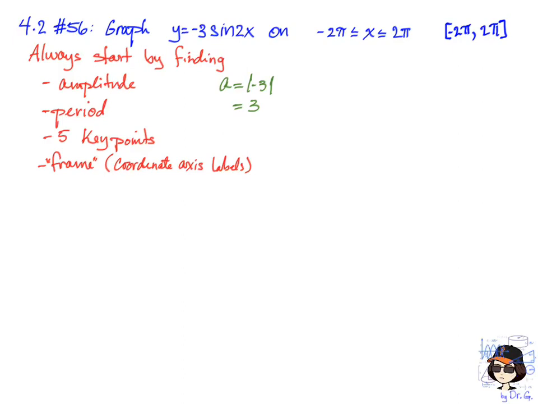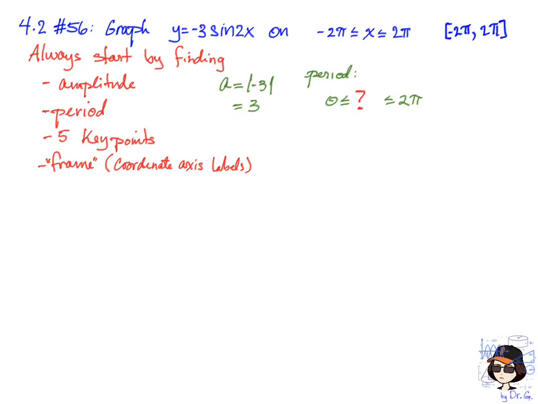So we know that the period of regular old sine or cosine is 2 pi. So you start with a cycle for regular old sine or cosine, which is from 0 to 2 pi. So you write this down. To get the period, you write down 0 less than or equal to the argument less than or equal to 2 pi.